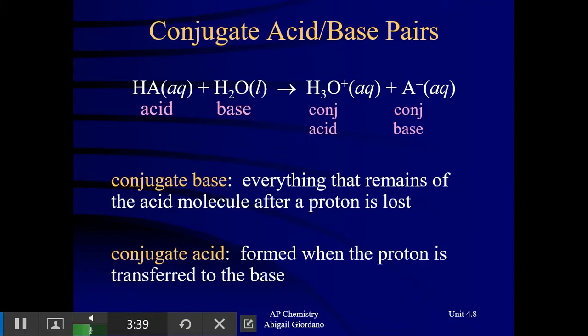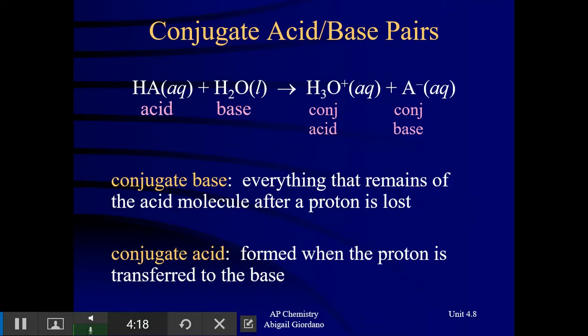And one final thing, if you look at the product side and you look at where the conjugate acid and the conjugate base are, why are they called conjugate acid and conjugate base? Well, look at H3O+, the conjugate acid. Look at it from right to left. If you look at H3O+ on the right-hand side and then move your eyes to the left, what it becomes if you were to look at this reaction backwards: H3O+ becomes H2O.